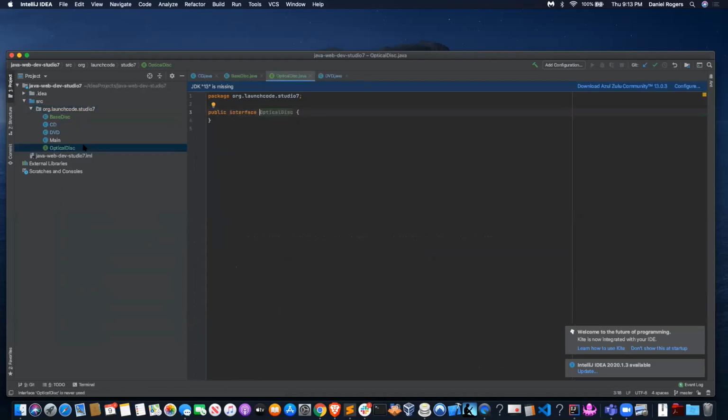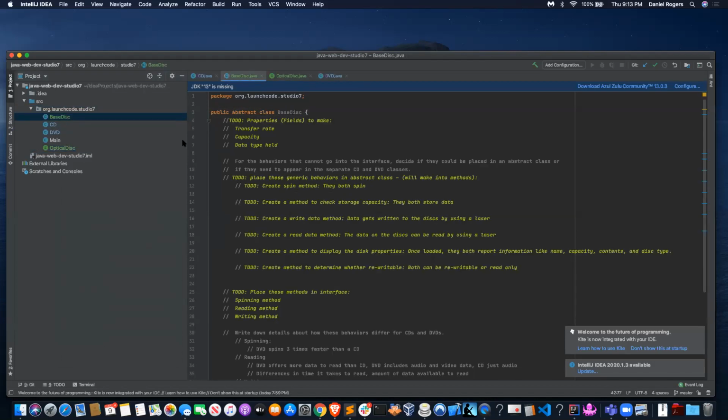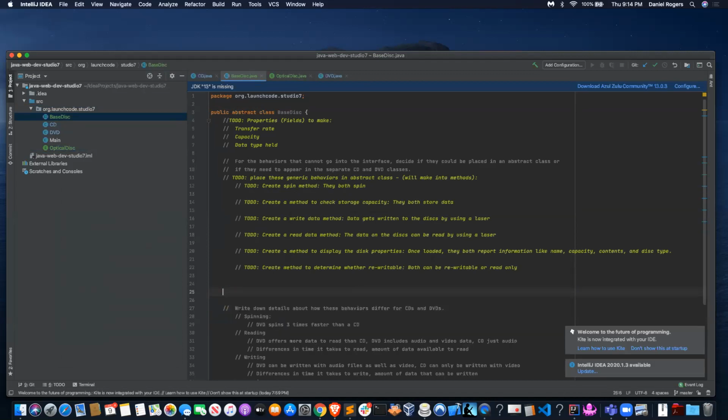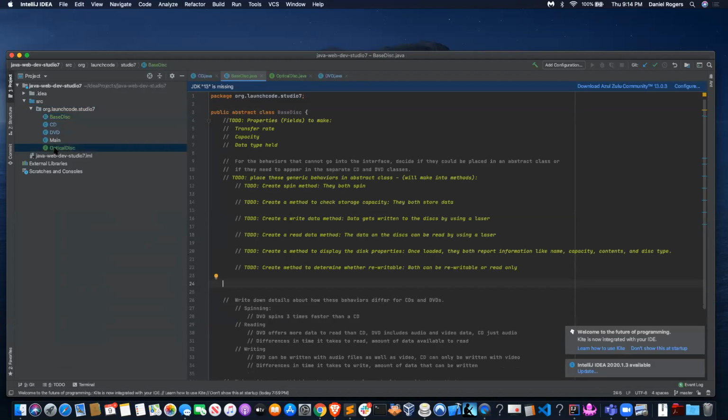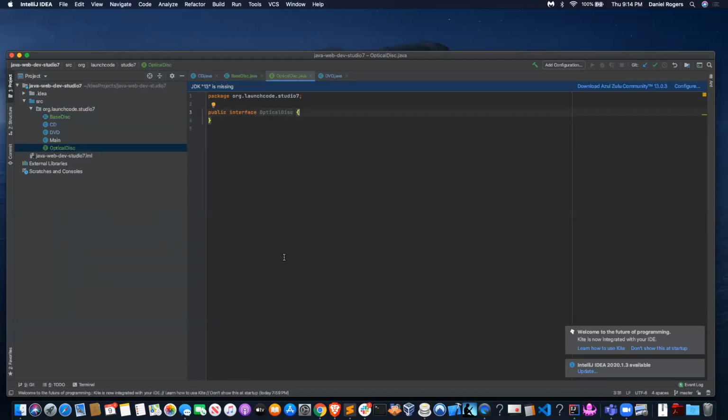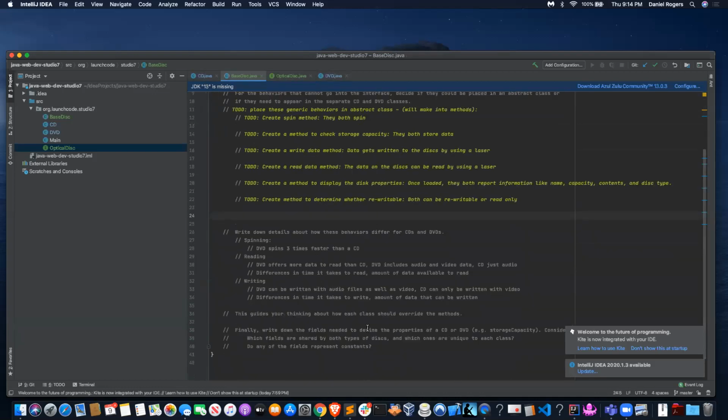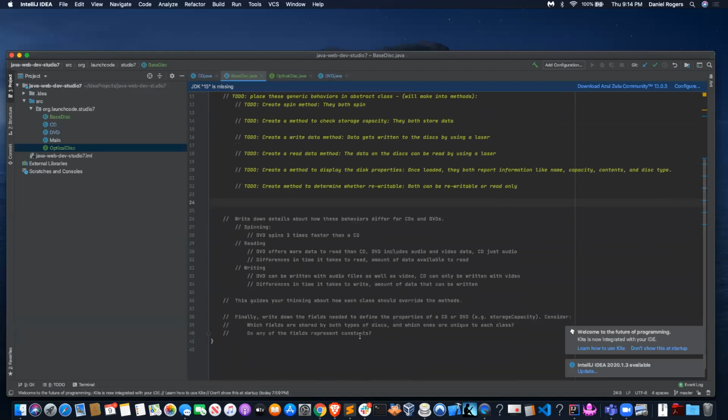Okay, so we can take this stuff we wrote and make note to put it in here. And then this stuff, what have I done? The fields need to be properties of CD.